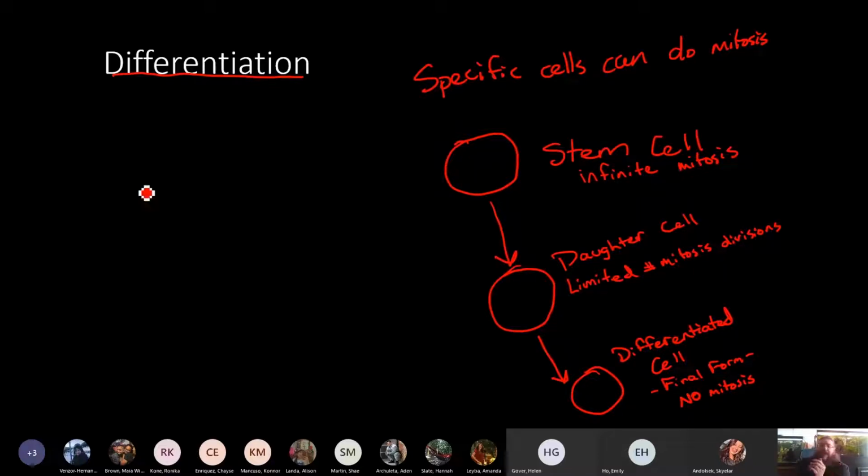So if you think about it, there's a really easy example that would be blood. So in your bone marrow, there's two different types of bone marrow. There's yellow marrow, which is just like fatty storage. And then there's red marrow. Red bone marrow is where you produce blood cells. So you have a blood stem cell.